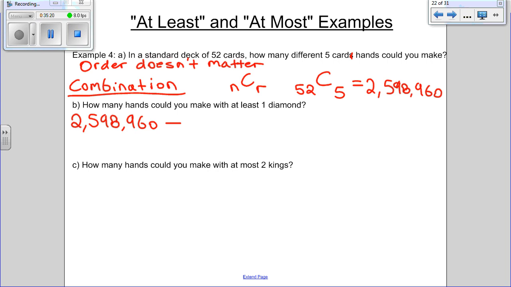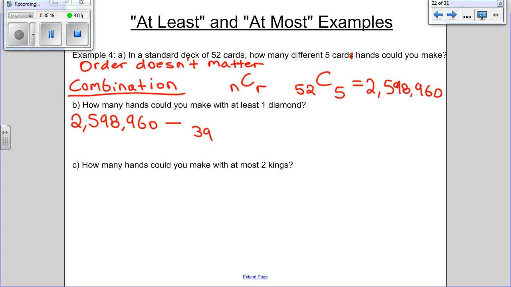If you can't pick a diamond, n is the number of things you get to choose from. Diamonds can't be a part of that conversation anymore, because that's not a possibility I'm allowed to give myself. So I had to go 52 minus the 13 diamonds equals 39 cards I can actually choose from.